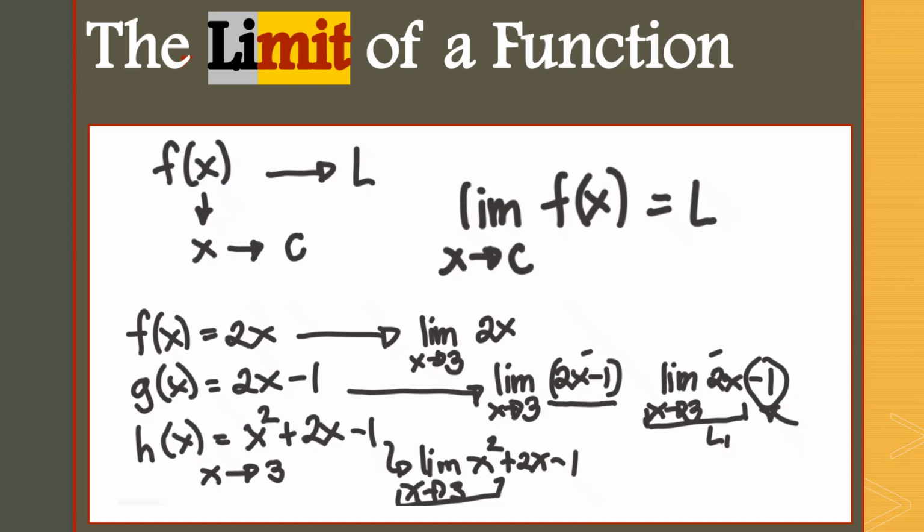You're just solving for the limit of x squared as x approaches 3, then you add 2x, then you subtract 1. If you are telling us that it's the entire function h of x, the correct notation would be including a parenthesis. So this is how we show a little illustration on how we write limits together with their corresponding functions.